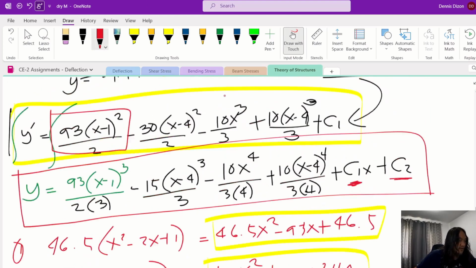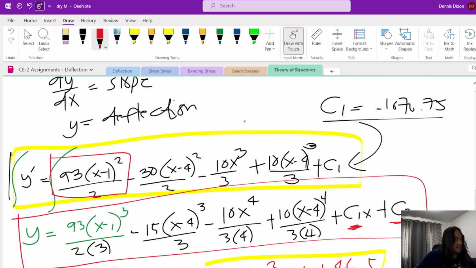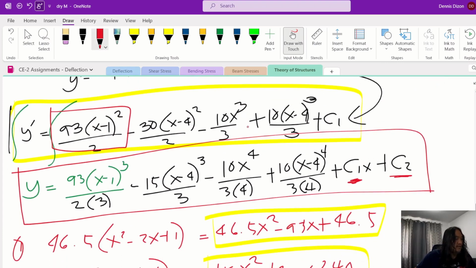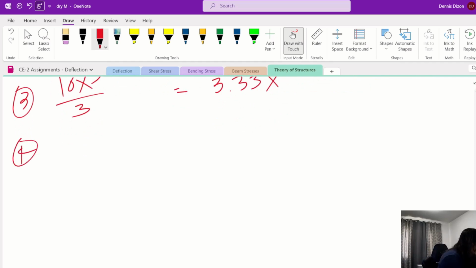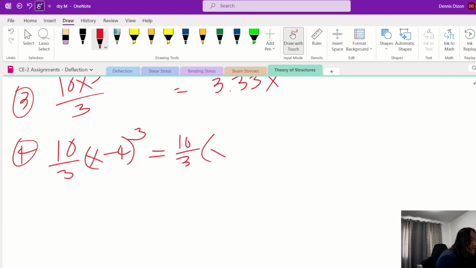And then our fourth term is 10 over 3 times (x minus 4) cubed. This is the same as 10 over 3, then (x minus 4), and then (x minus 4) squared, which is x squared minus 8x plus 16.